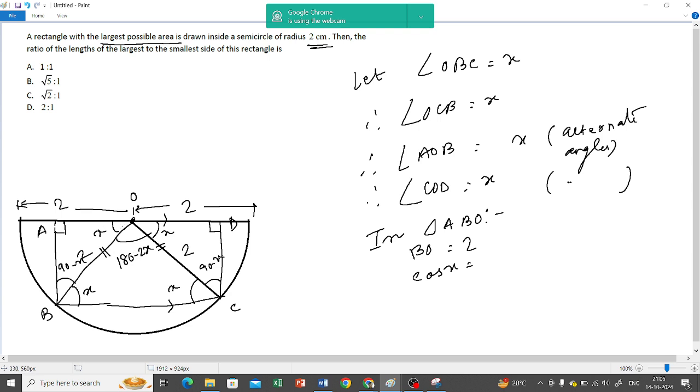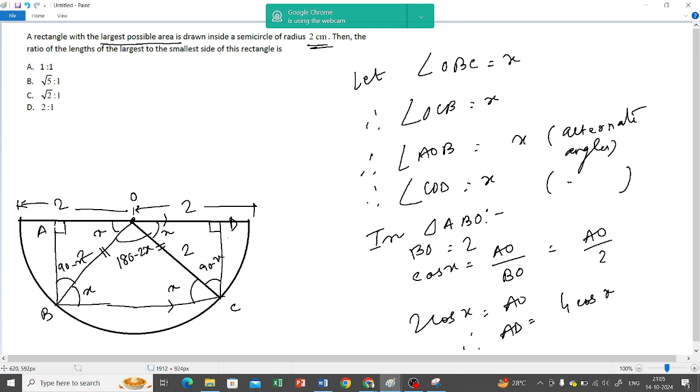Base by hypotenuse, that is AO by BO, that is AO divided by 2, so AO is 2 cos x, yes or no? If AO is 2 cos x, then that means OD is also 2 cos x and hence AD is 4 cos x. বুঝতে পেরেছো? AO যদি 2 cos x হয়, OD ও 2 cos x হবে, 4 cos x.